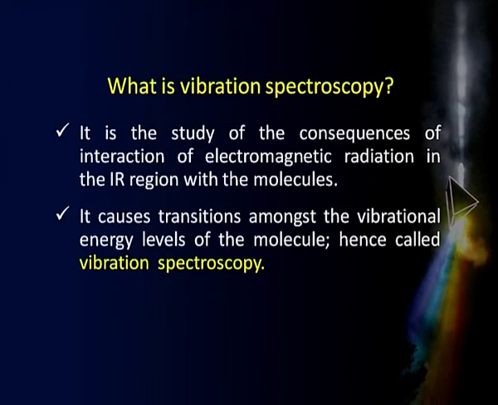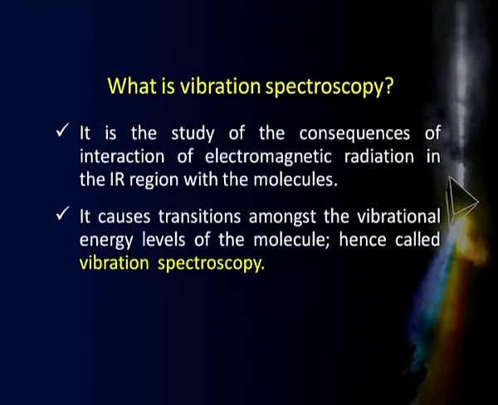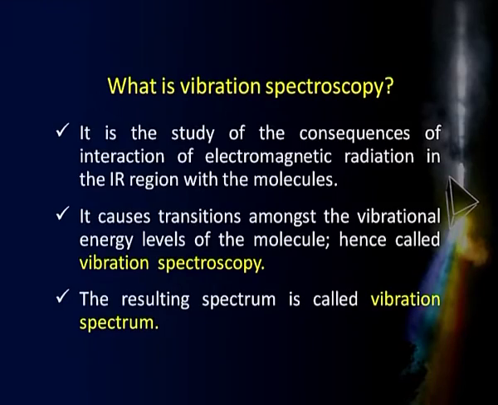We know that in molecules the vibration energy levels are quantized, so this IR radiation causes transitions amongst them. That is why it is called vibration spectroscopy. And since the interaction results in a spectrum, the spectrum we get is called a vibration spectrum, because it is a consequence of the transition amongst the vibration energy levels.